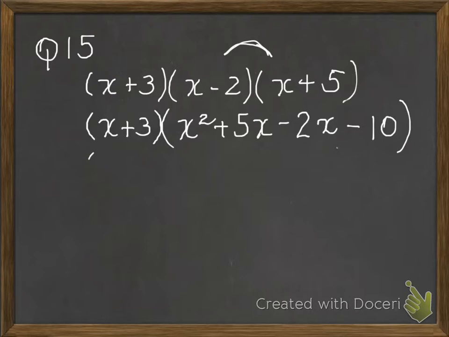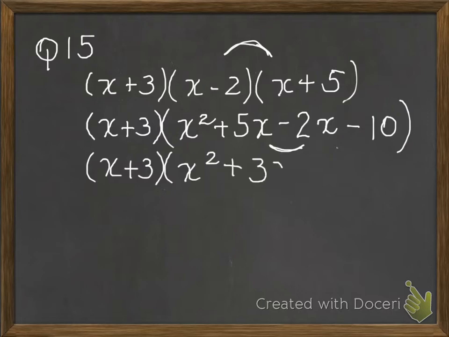Okay, now I'm going to copy this again and combine the middle terms because they're like terms. X squared plus 3x minus 10. And now I'm going to do extended FOIL.